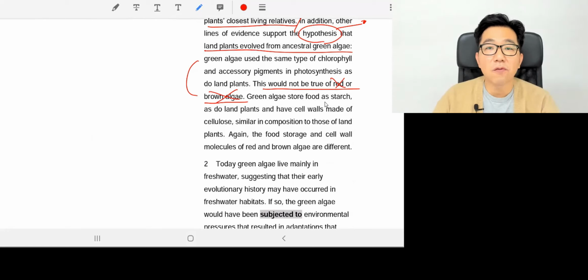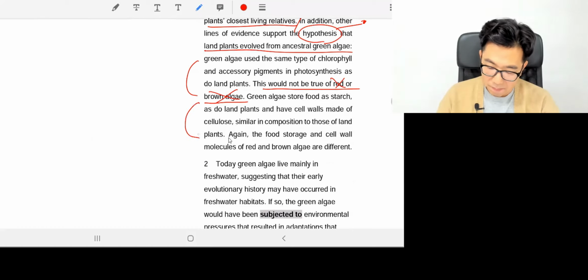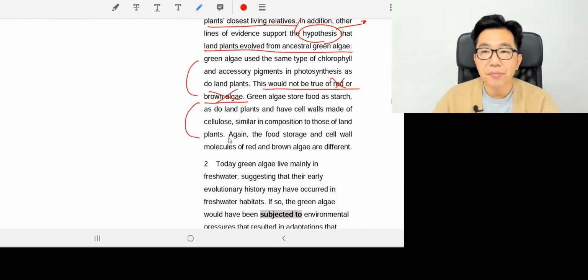Green algae store food as starch, as do land plants, and have cell walls made of cellulose, similar to those of land plants. It keeps listing detailed information about why green algae seem to be the ancestor of plants. Again, the food storage and cell wall molecules of red and brown algae are different, so they are out.